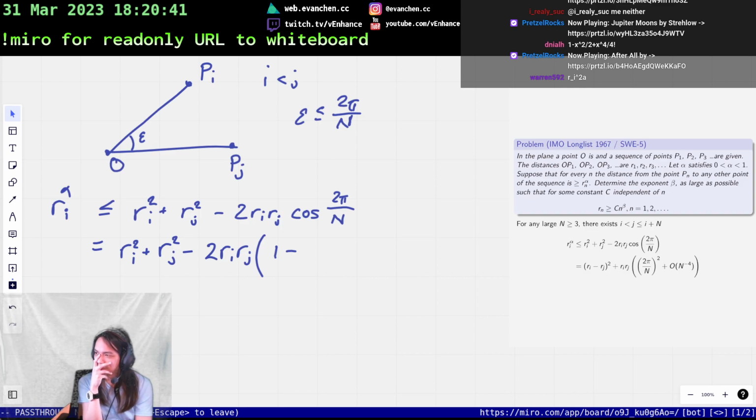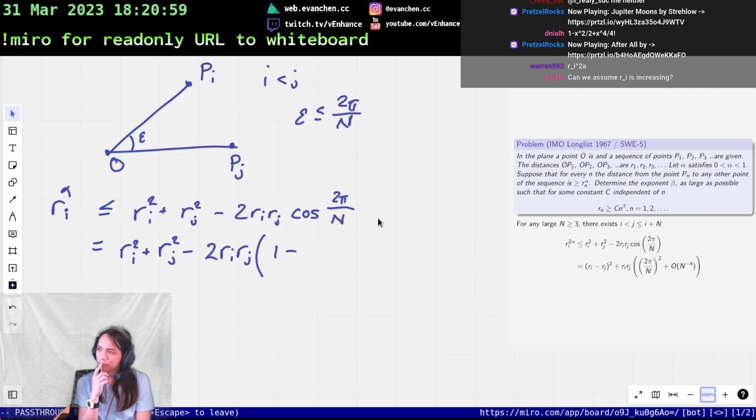Oh, sorry, you're right, r_i to the 2 alpha. Oh, r_i to the alpha, because the law of cosines squares everything. Yeah, I don't know how fast this makes it grow.